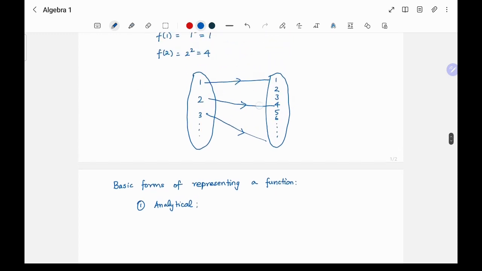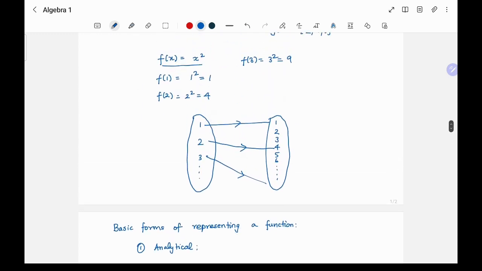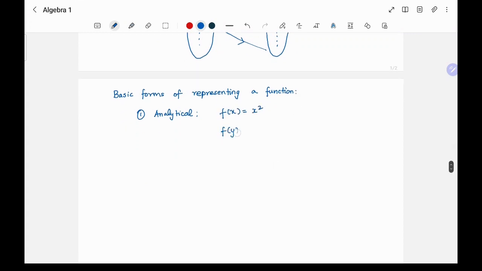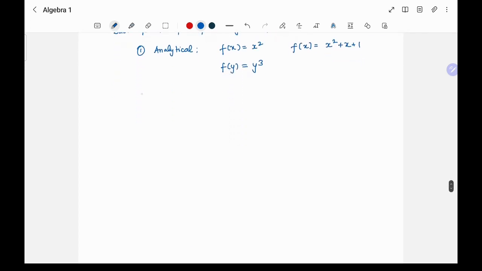This is the example we saw, right? Writing it in equation form, for example f of x is equal to x square, or f of y is equal to y cube, or f of x is equal to x square plus x plus 1. So this is analytical representation.